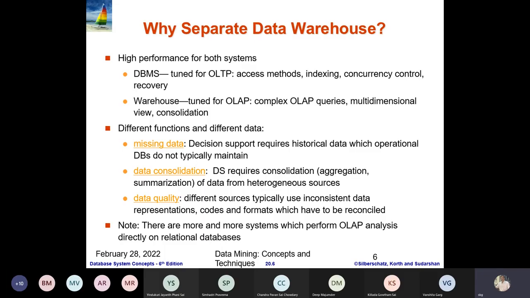And there are more and more systems which perform OLAP analysis these days directly on the relational database. We'll see some of these things in your lab also, like how on an Oracle database at the back end these different types of operations can be performed, right?